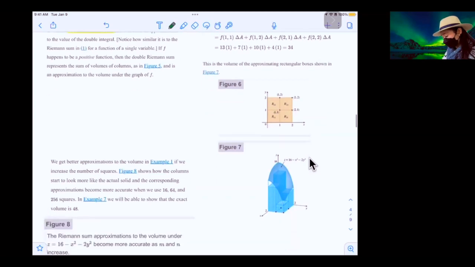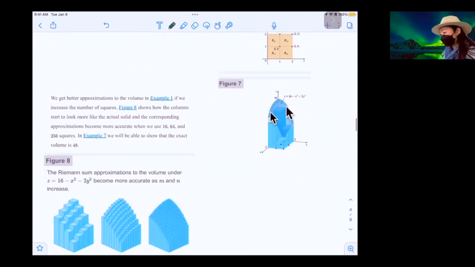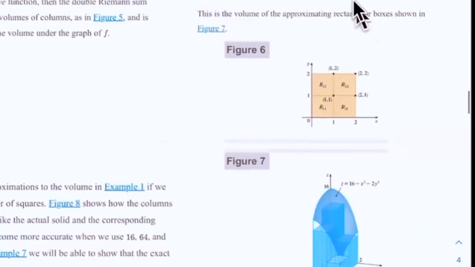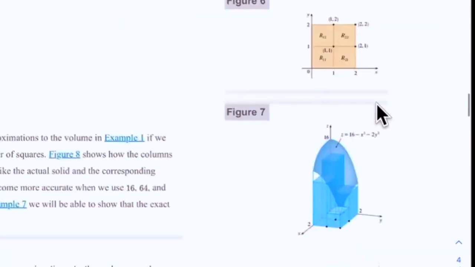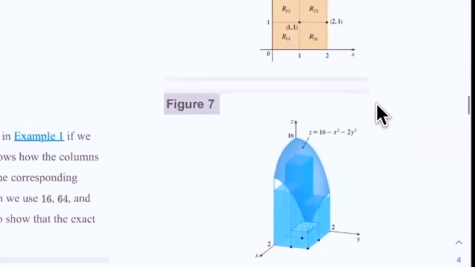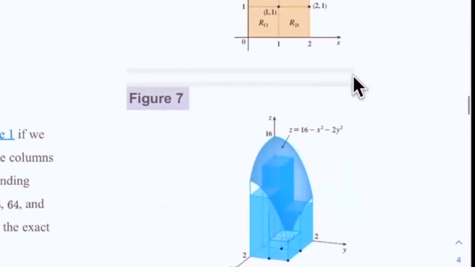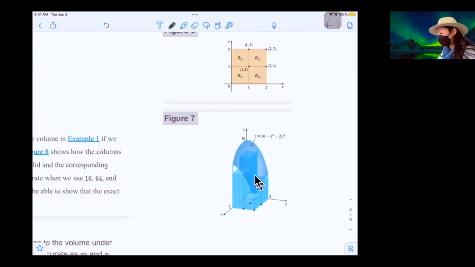So what does it mean? The volume under the surface could be approximated by the sum of these 4 rectangular boxes, and 34 is one approximation. But is that approximation an overestimate or underestimate of the value under the surface?